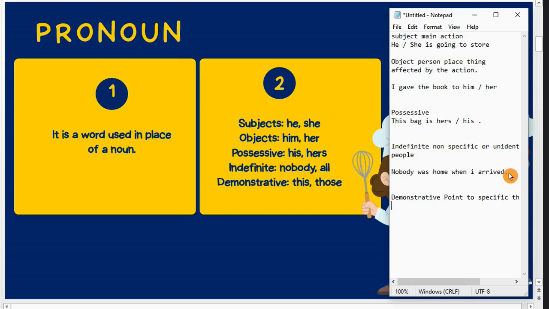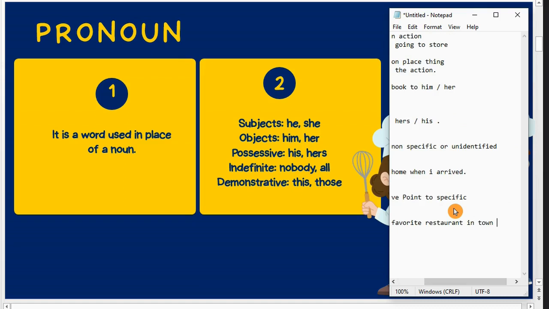If you are going to point out specific things, then it is known as a demonstrative pronoun, like: this is my favorite restaurant in town.